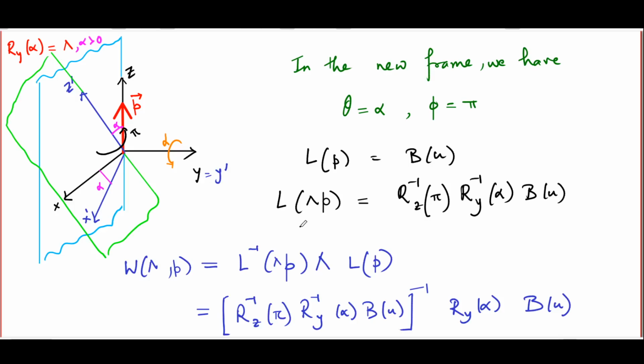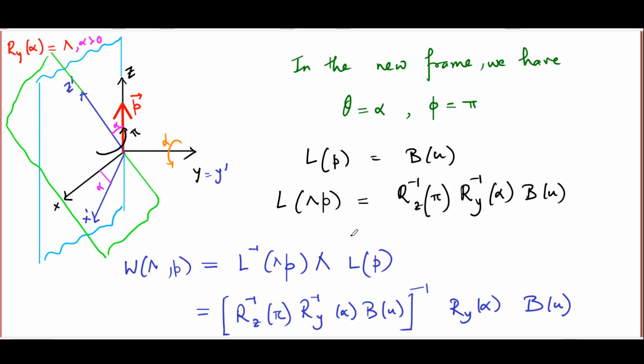What is of interest is once you have carried out the rotation, which of course is a special case of a Lorentz transformation, we now have a new 4 vector in the frame that's given by lambda p. And this new 4 vector essentially is a 3 vector which is pointing in the same old direction, but now has polar and azimuthal coordinates of alpha and pi respectively.